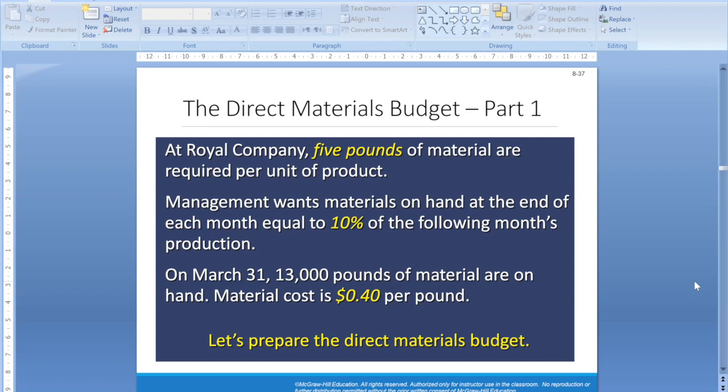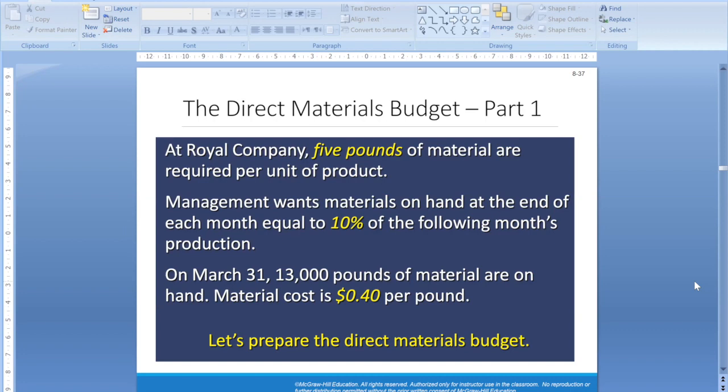For the same reason, on March 31st, which is the beginning or the starting of our quarter here. If you remember, we are preparing the budget for April, May, and June. So the beginning inventory, which is preceding our quarter. So March will be the preceding month.